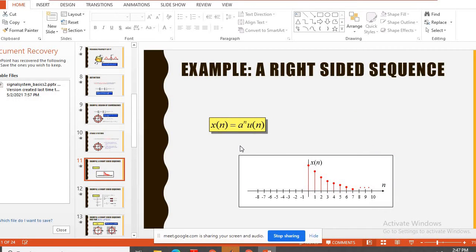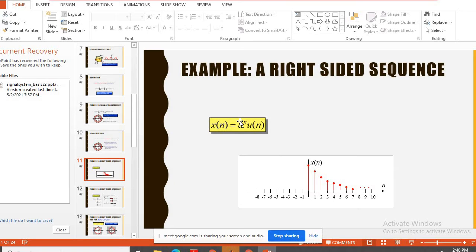So this is one small example I have taken. A right-sided sequence, for example a raised to n. Some samples are shown at various instants: at 0, 0 raised to n, 1 raised to n, 2 raised to n, 3 raised to n, 4 raised to n, like that.